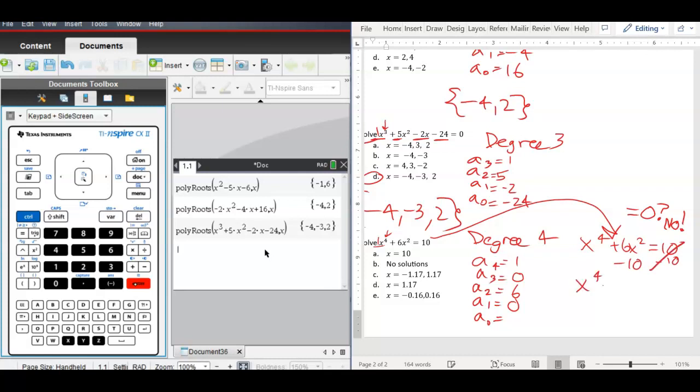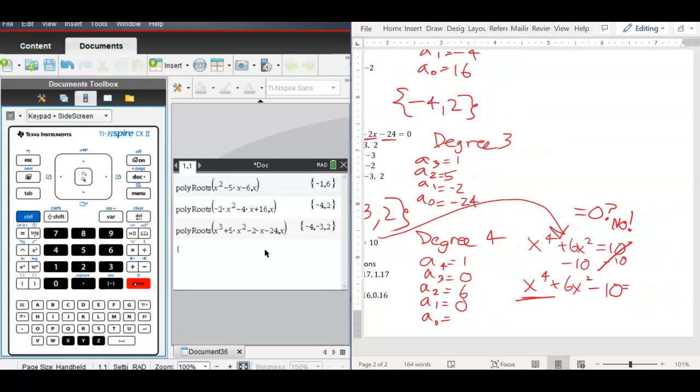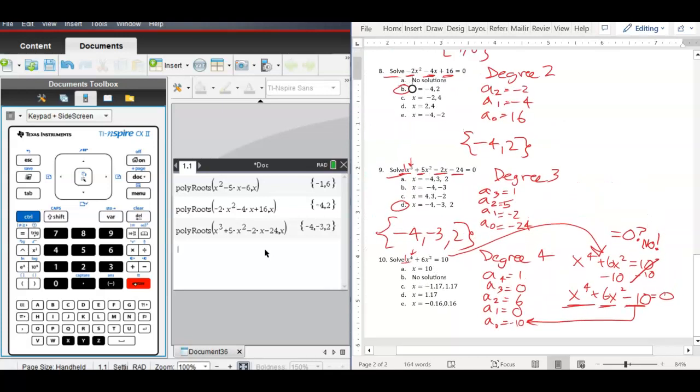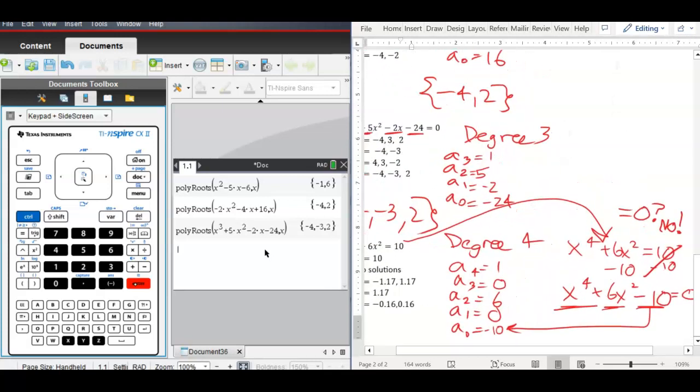We get x to the 4th plus 6x squared minus 10 equals 0. Okay? This is the equation that you got to use for this problem. So we had 1, we had 6, but your a sub 0 is going to be -10. Okay? A lot of people are going to put positive 10 and get the wrong answer. Okay? But this is it.